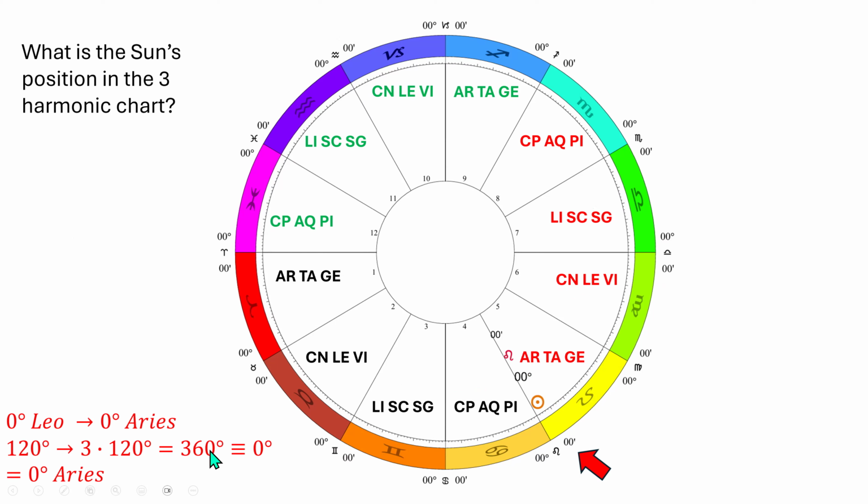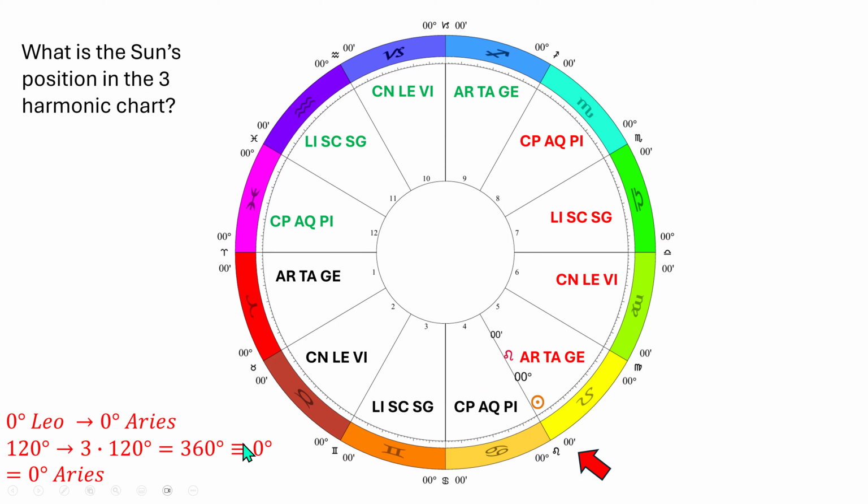But in harmonic astrology, well, in all astrology, we do clock arithmetic. We deal with a 360 degree clock. So once we've reached 360 degrees, we start over at 0. So 360 degrees is equivalent to 0 degrees.